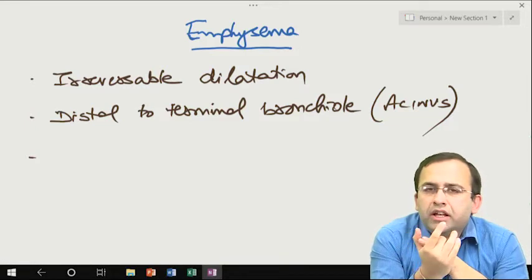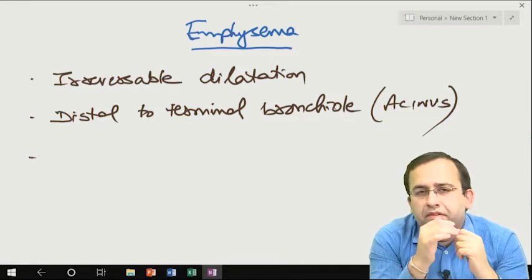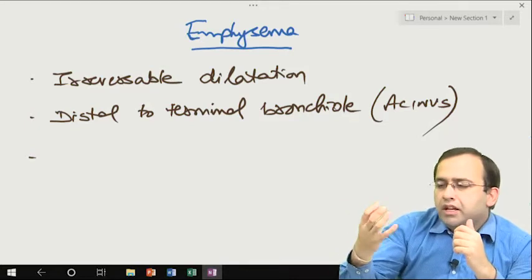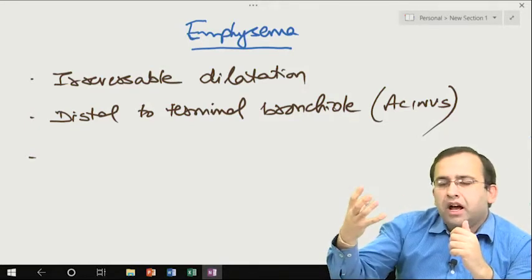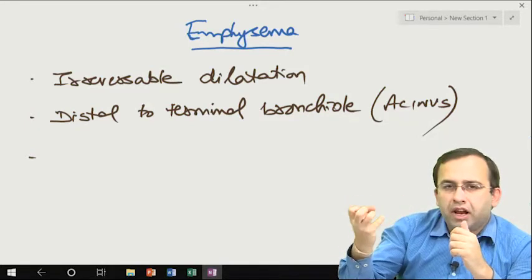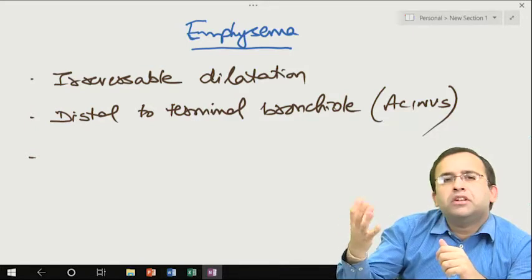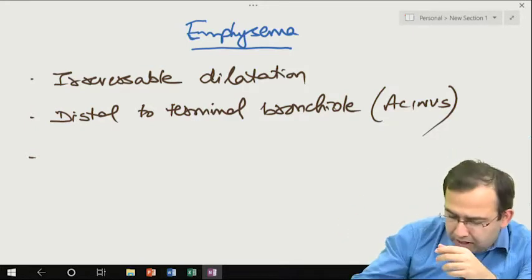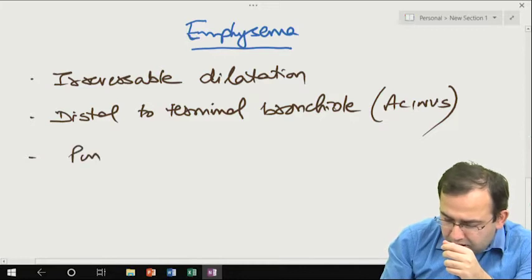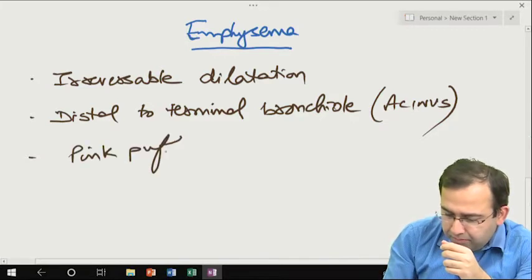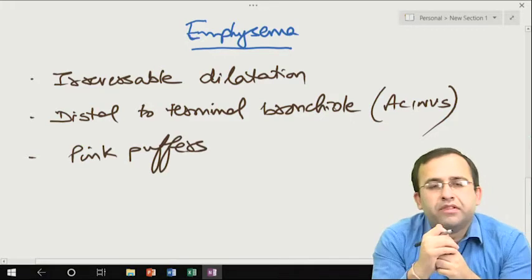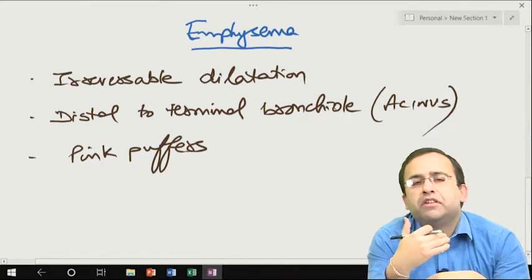Next point, my question to you is, if it is associated with dilatation, that means there is more air in the alveoli, then what is the problem? The problem is that alveoli should expand and collapse. Here expansion is there, but the collapse is not proper. So that is why these patients are called pink puffers. They are pink because they have air, but they are breathless.